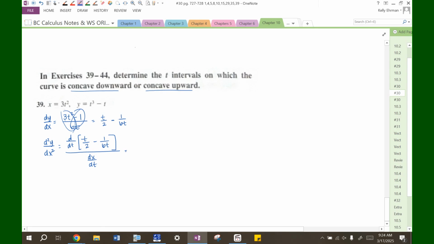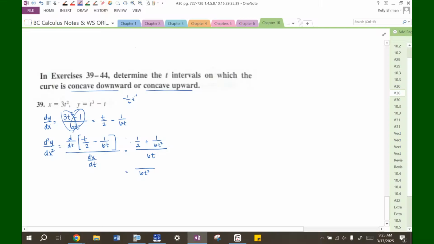All right, so what is this derivative? This is 1/2, and then this is 1/6 times t to the negative first. So that's going to become positive 1/6 t squared in the denominator, over, what was this? This was 6t. All right, so we have a little math to do here. Common denominator there is 6t squared.